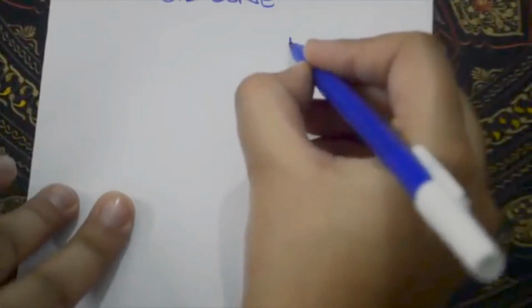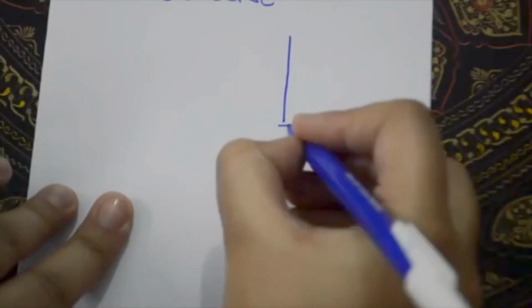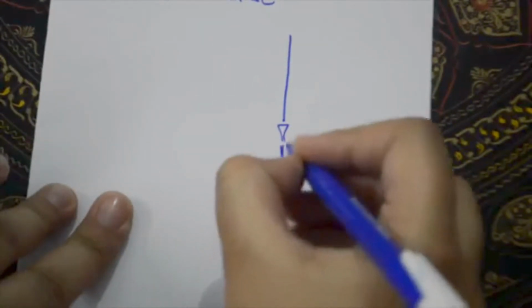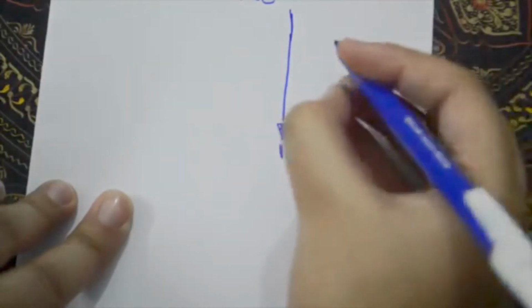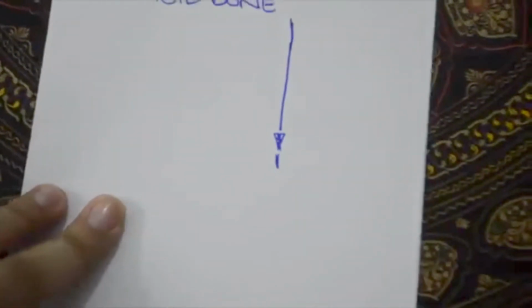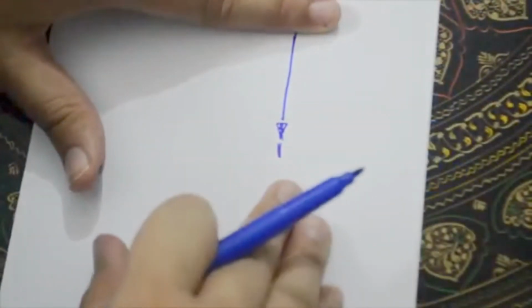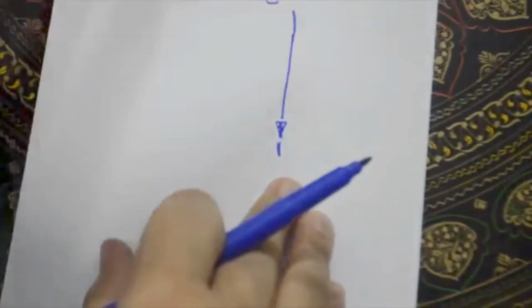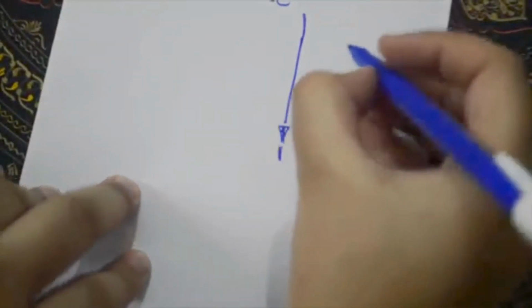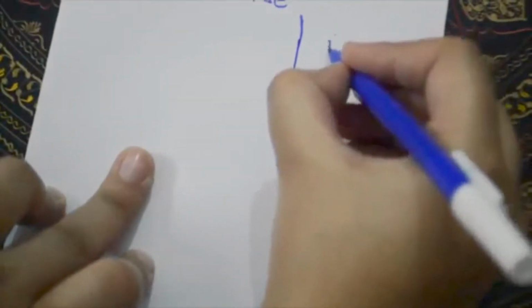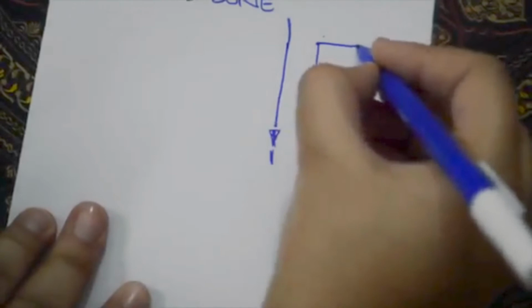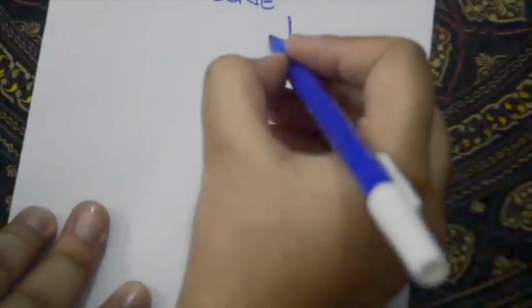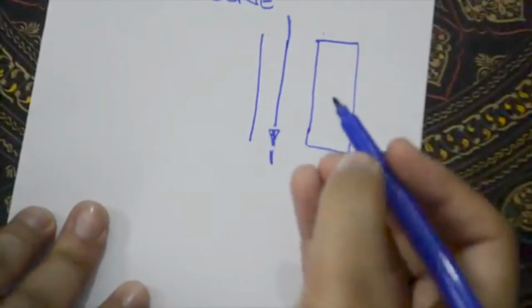So what did I draw? Till here, this part, it is the vomer. But when we come down to here, I'm drawing the ethmoid bone, the diagram to make it easier.